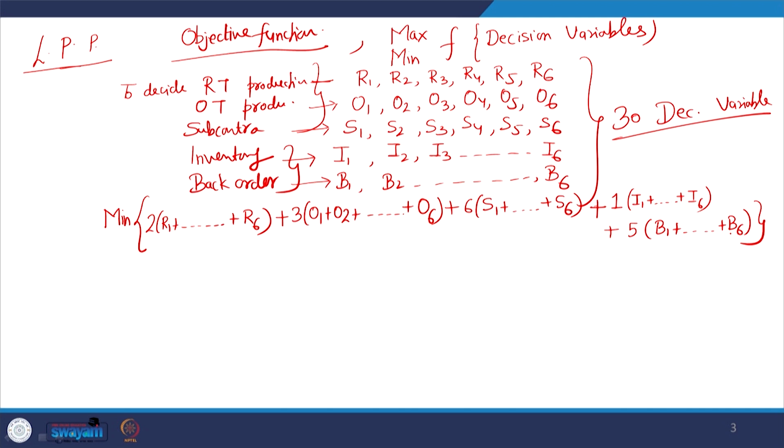Now, this is the development of the objective function, but this objective function is subject to constraints. It has some limitations, and without limitation it is not going to fulfill the purpose.